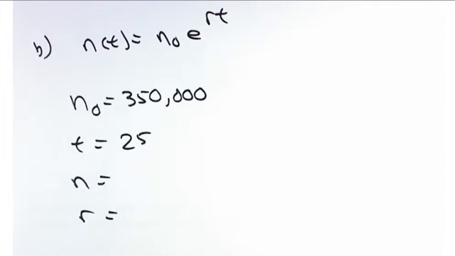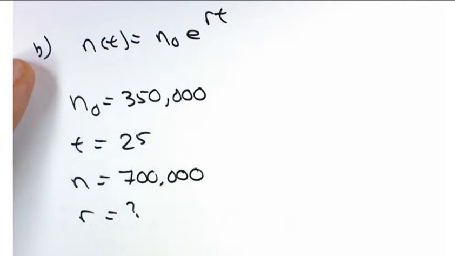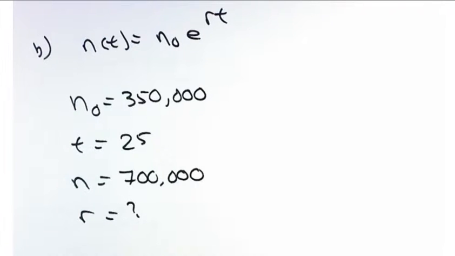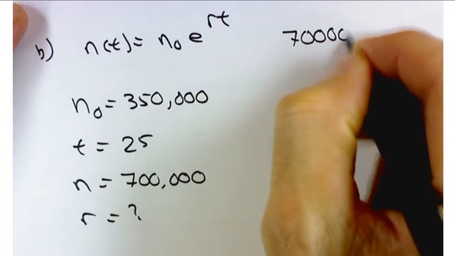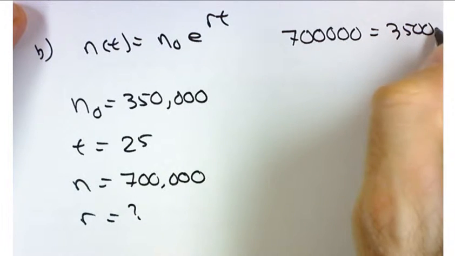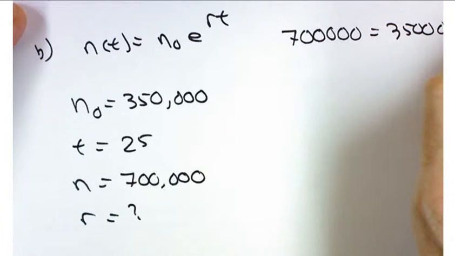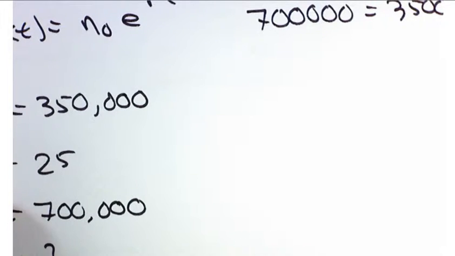Yeah, 700,000. And R is unknown. But this is now a good exponential equation. Let's fill in everything here: 700,000 equals 350,000 e to the 25 times R. Because after 25 years, the population is going to double.